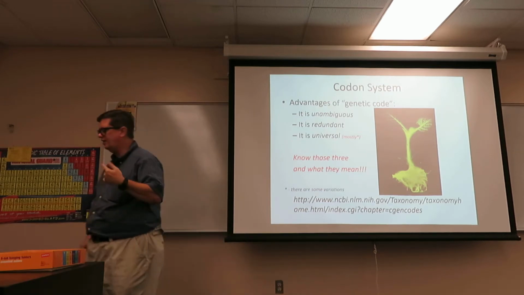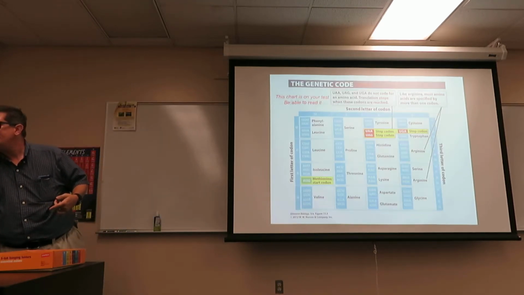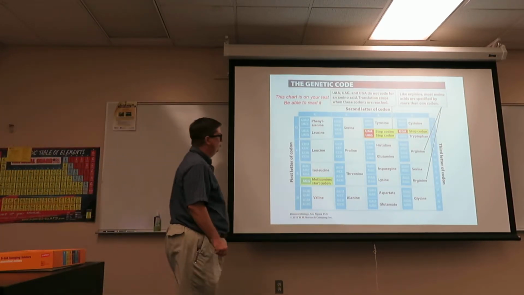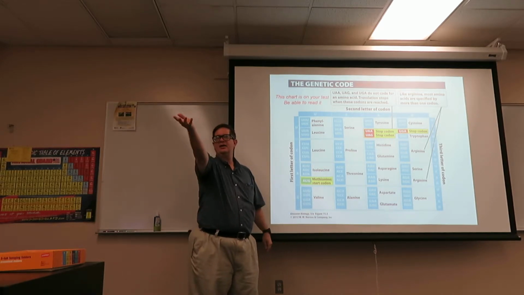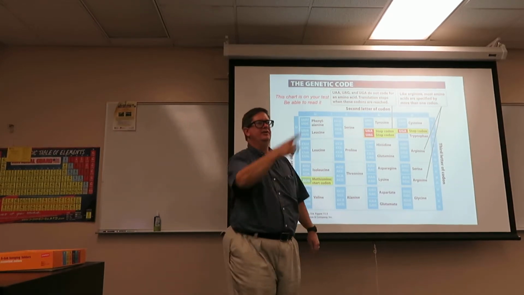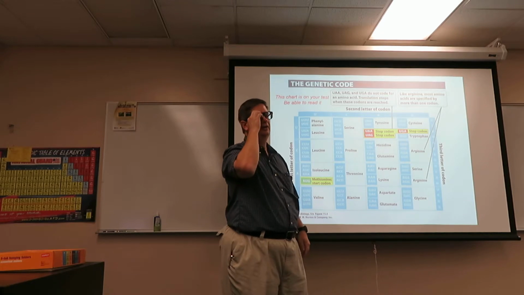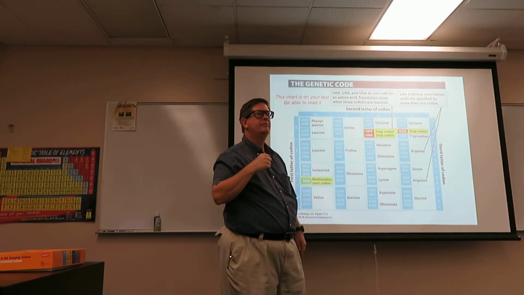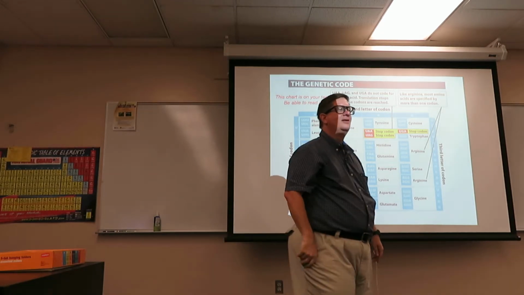What do I mean when I say it is unambiguous? What I mean is there is no question what it means. Give me a codon, any codon, Daniel. Just give me 3 nucleotides.